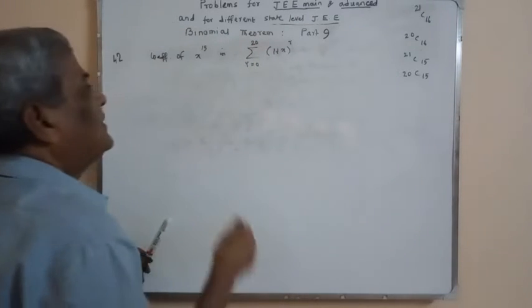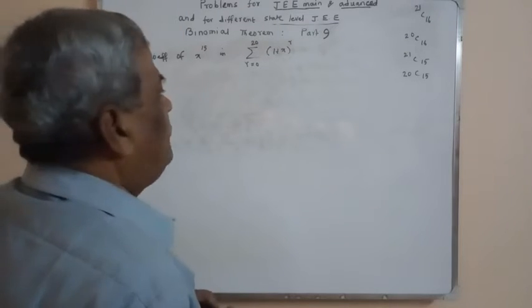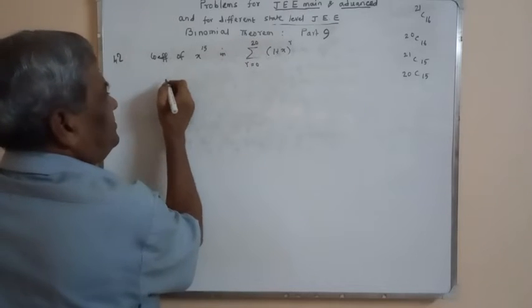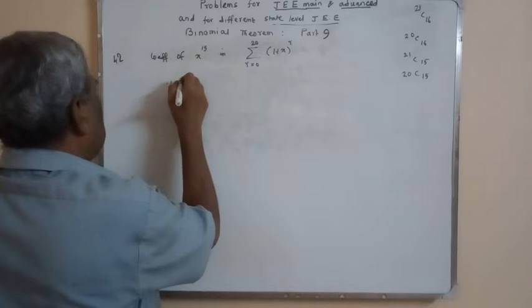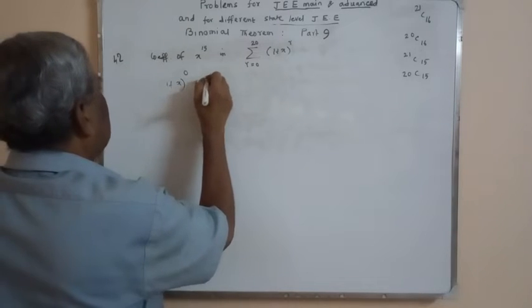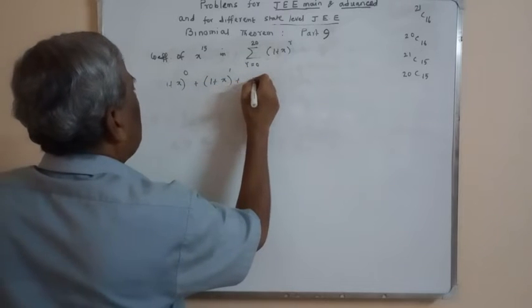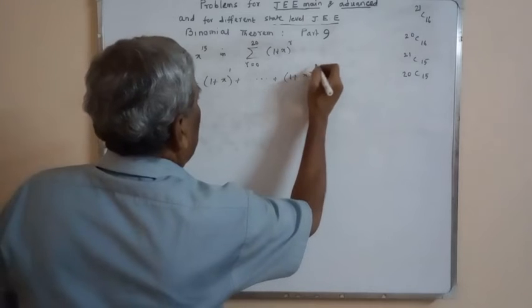In that expansion, we have to find the coefficient of x to the power 15. So the series is (1 plus x) to the power 0 plus (1 plus x) to the power 1, up to (1 plus x) to the power 20.